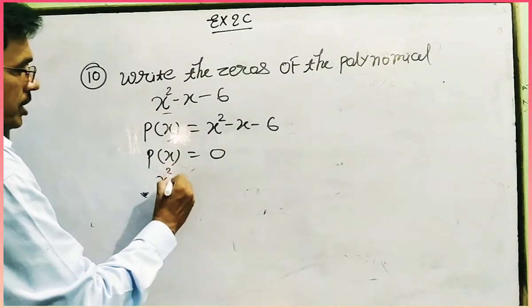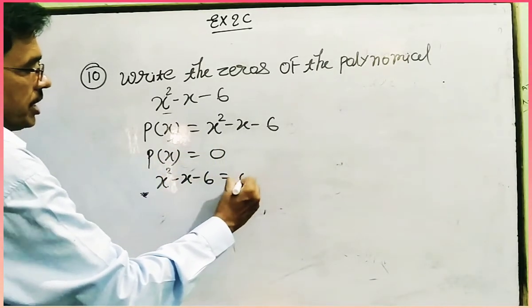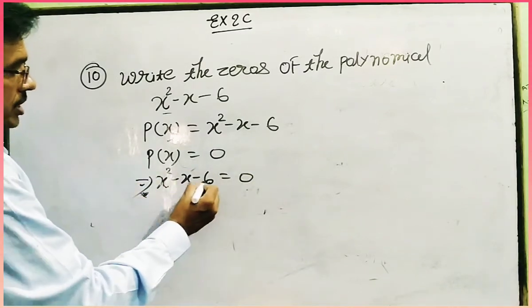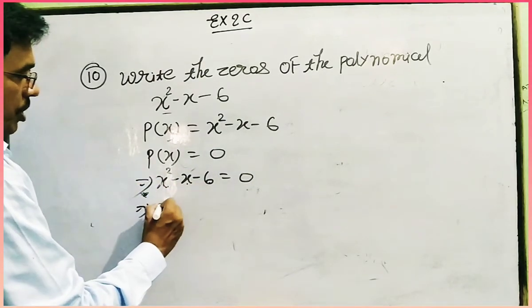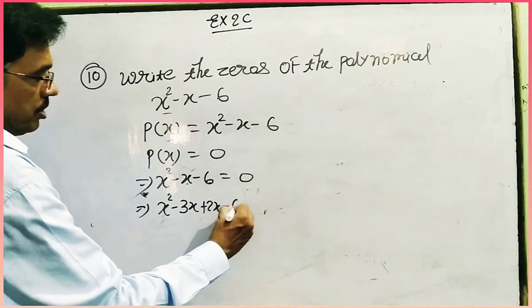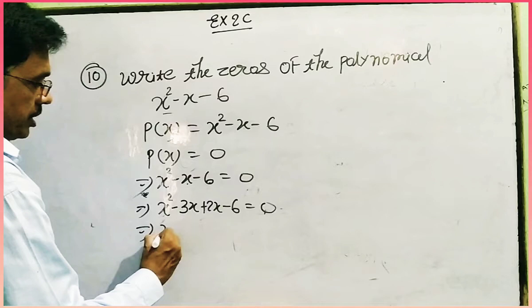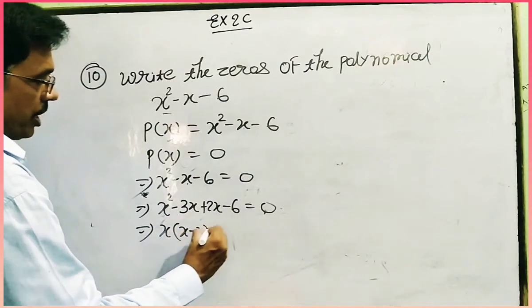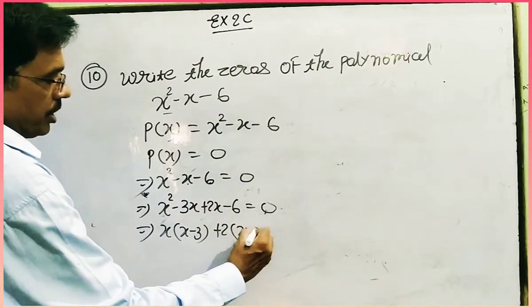So you write x square minus x minus 6 is equal to 0, and the product is minus 6. So here write x square minus 3x plus 2x minus 6 is equal to 0, and x is common, that is x minus 3, plus 2 is common, that is x minus 3.